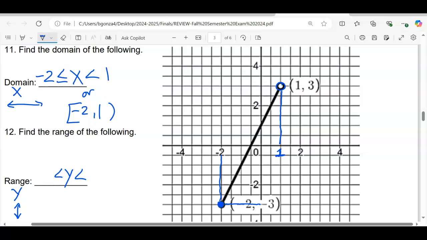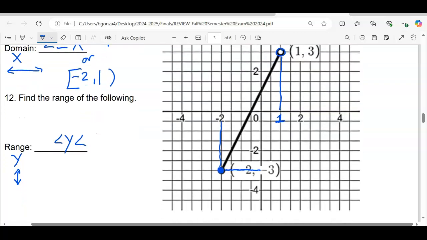Looking over here, this number right here is -3. So the bottom of the y value is -3, but the top, way up here, is at +3.